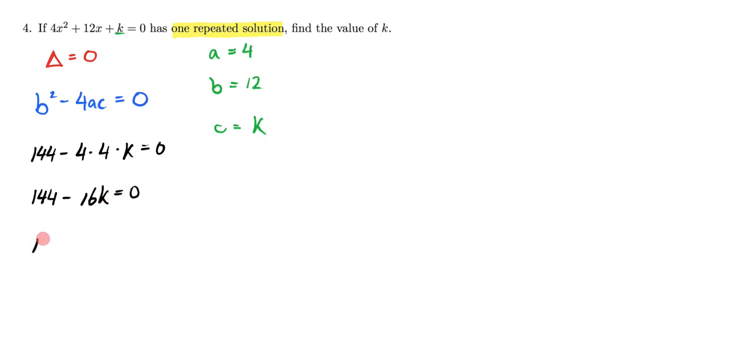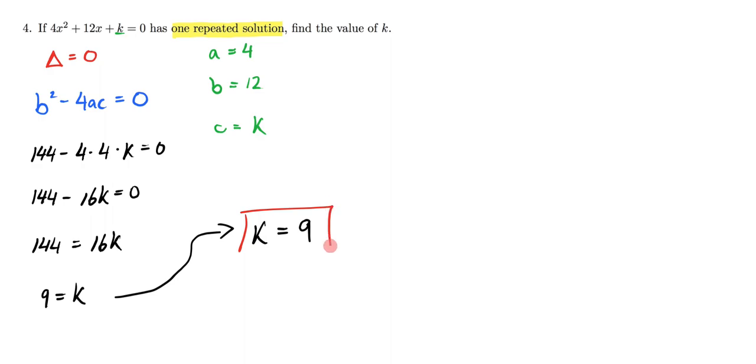So I'm going to get 144 equals 16k. Now I'm going to divide both sides by 16. 144 divided by 16 is 9, so 9 equals k. And again, I just prefer having my pronumeral on the left-hand side. So I'm going to say k equals 9 is my final answer right there.